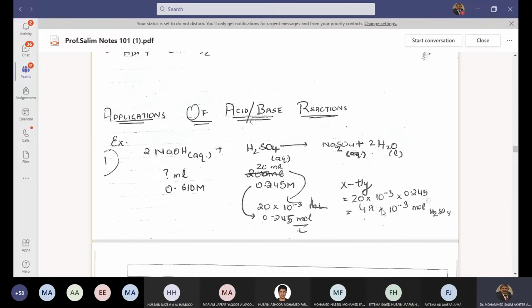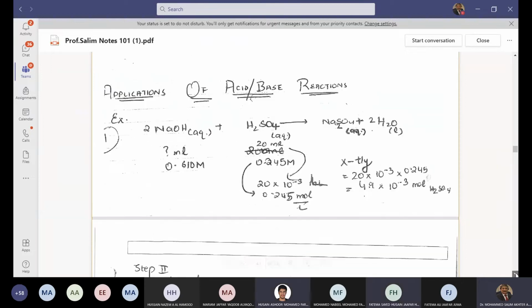My beautiful people, mashallah. If I know moles of sulfuric acid, with the relationship can I get the moles of sodium hydroxide? Yes.